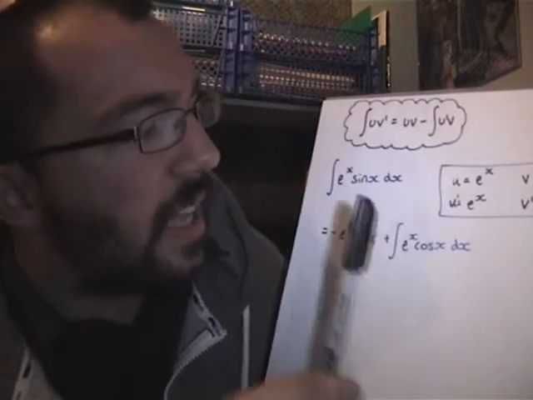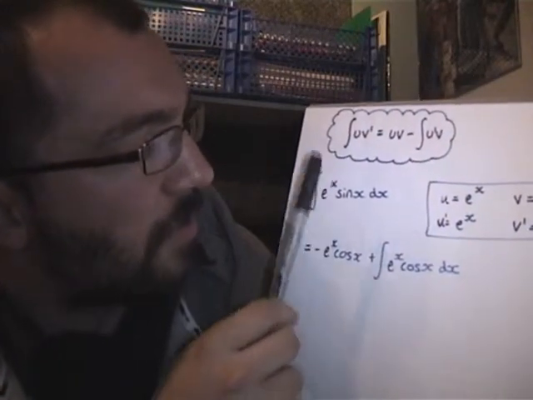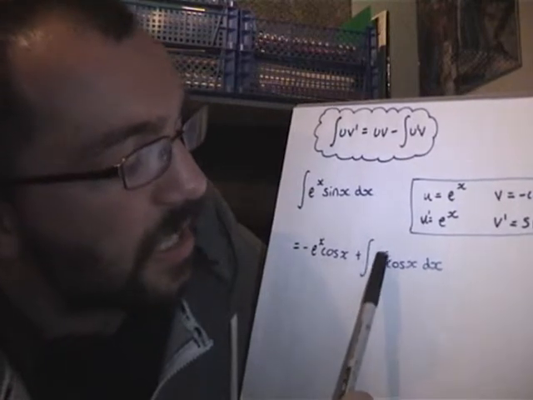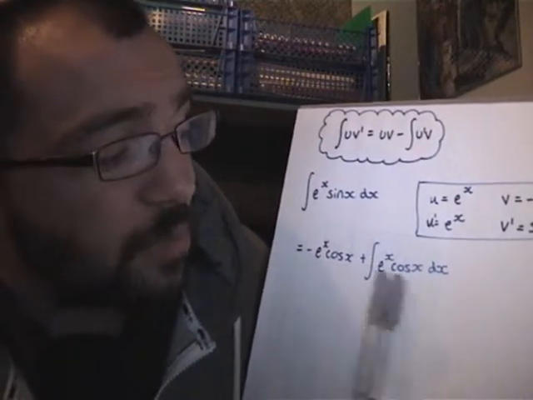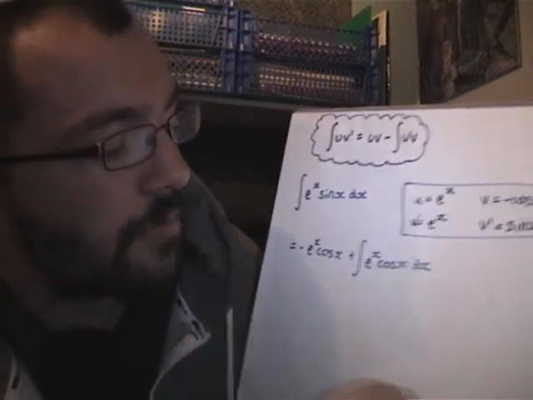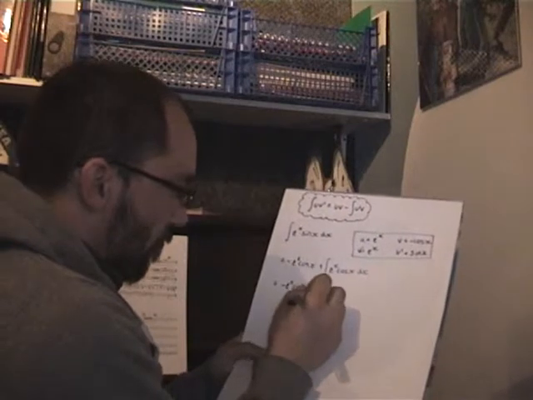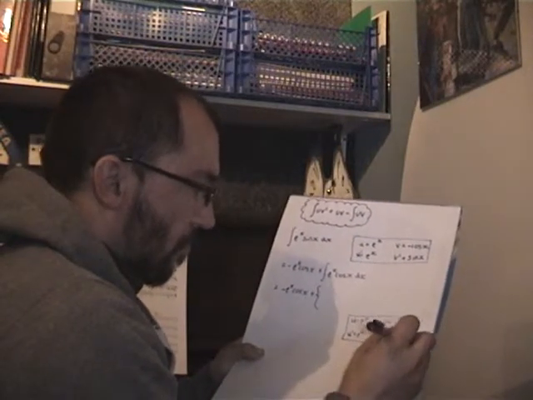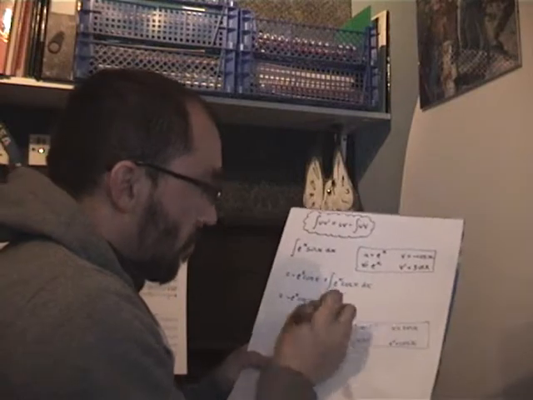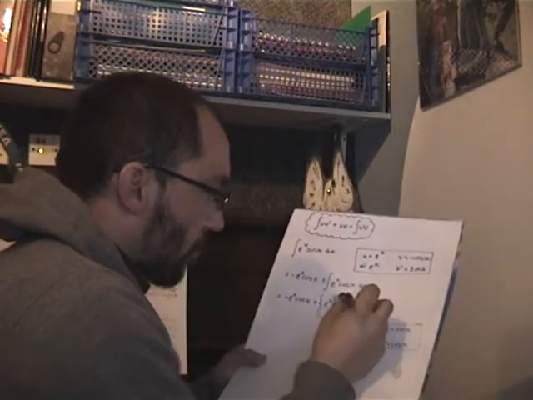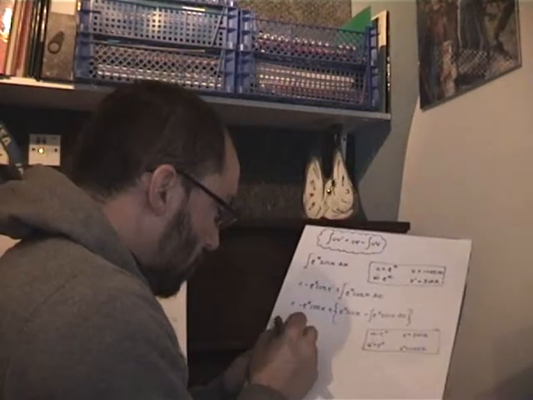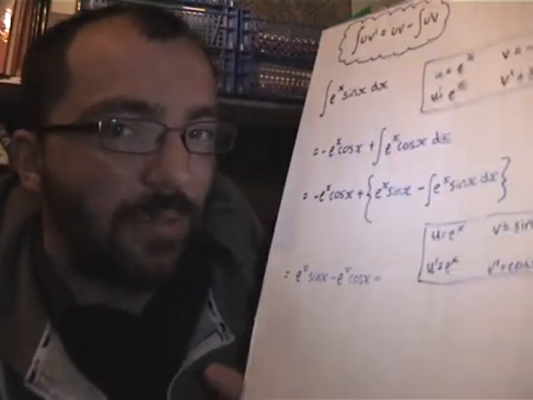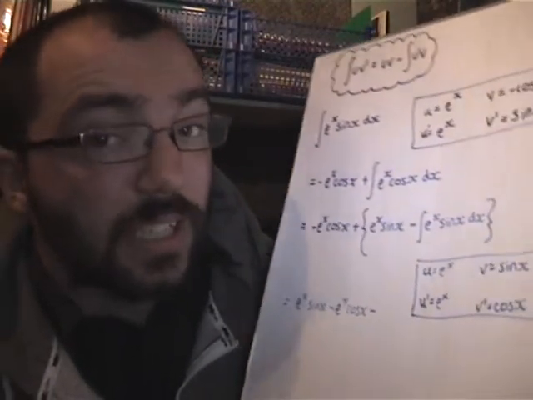But it is really important that if you've picked the exponential term for your u, which I did here, that I then continue to pick the exponential term when integrating the second half of this expression, also as my u.